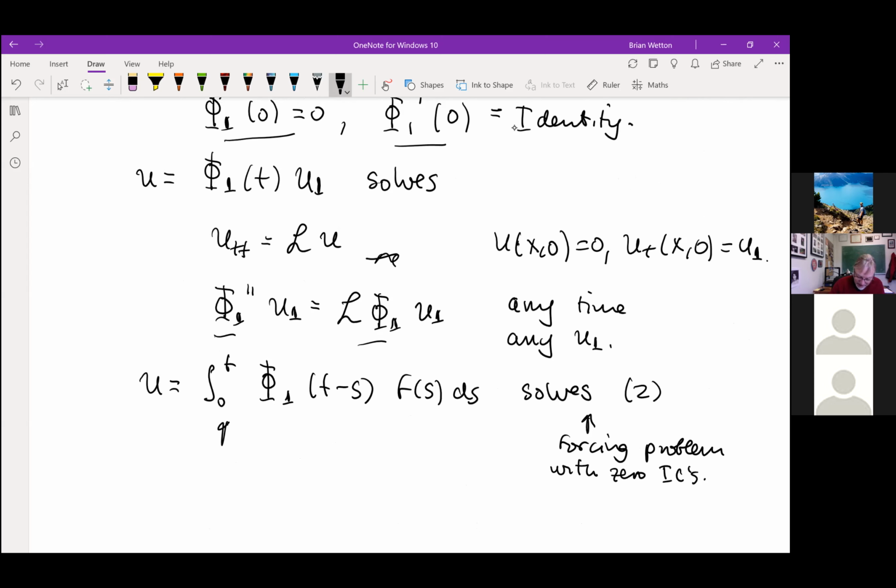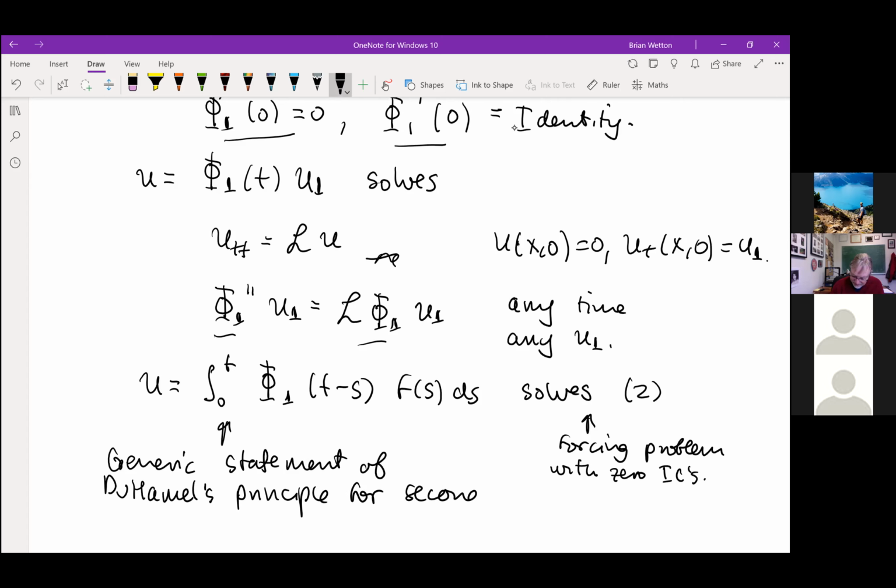So this is the generic statement of Duhamel's principle for second order problems in time.